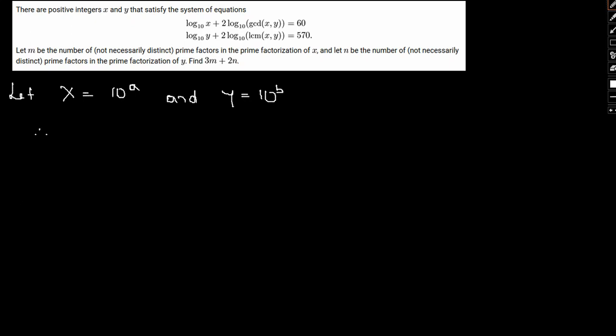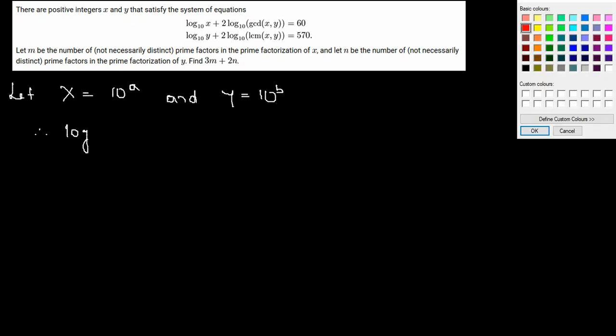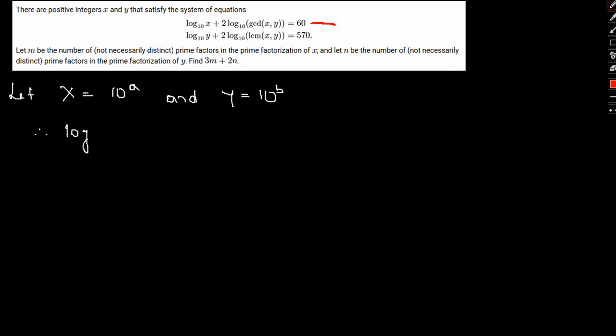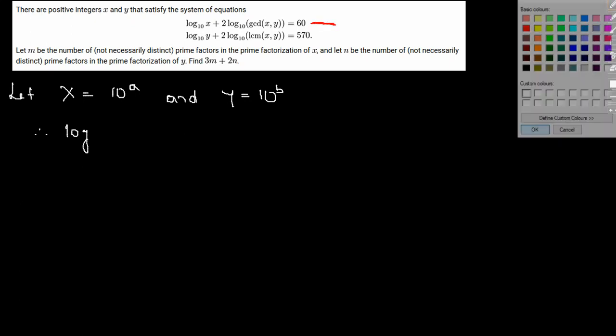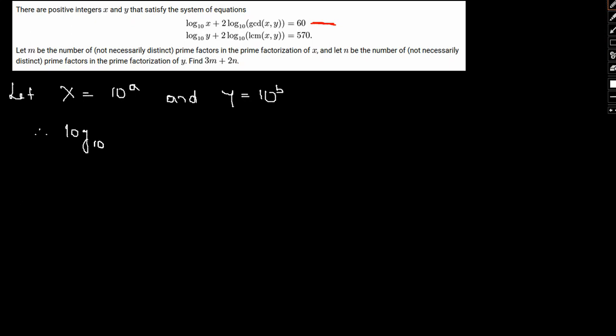Okay, so therefore this particular equation can be written as log 10 for x, we can write 10 to the power a, plus 2 log 10 of the HCF of 10 to the power a comma 10 to the power b, and this is equal to 60.